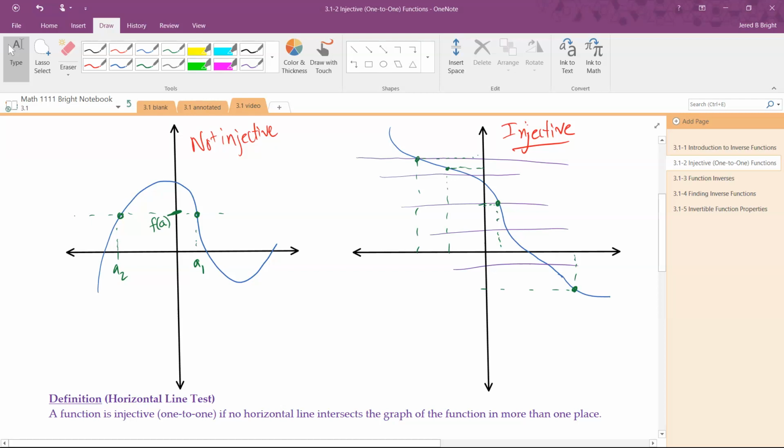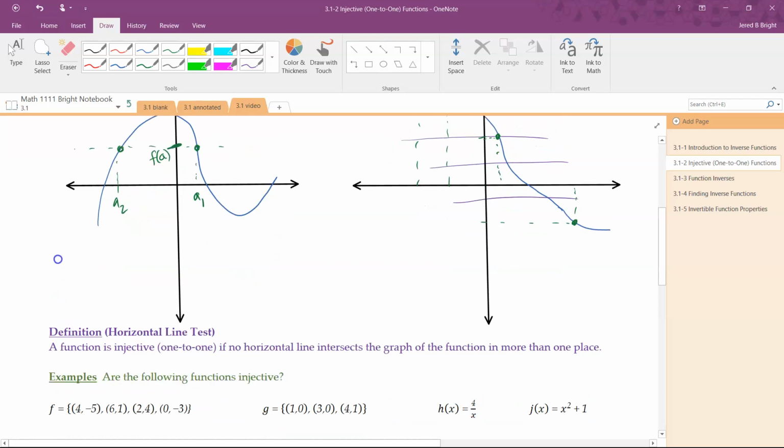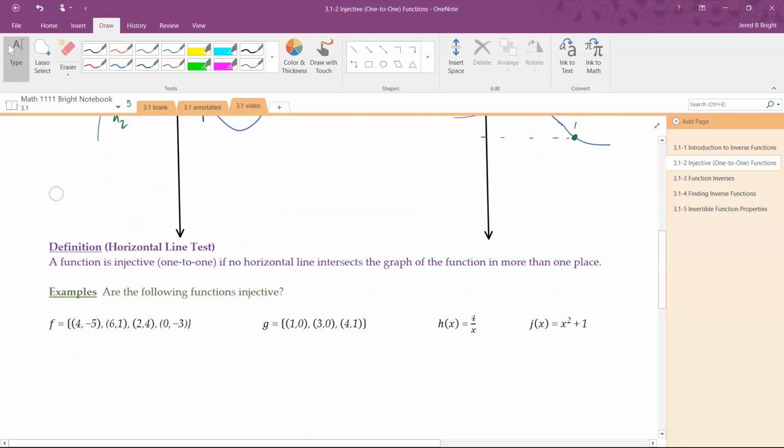Okay, so we want to get some practice with determining if functions are injective, both using the definition and using the horizontal line test. So what I need to look for when I have sets is same y values. Okay, so I'm looking at the y's. None of them are repeated, right?